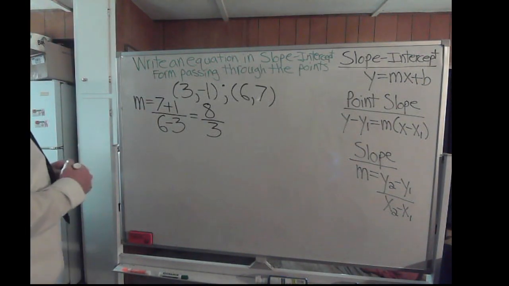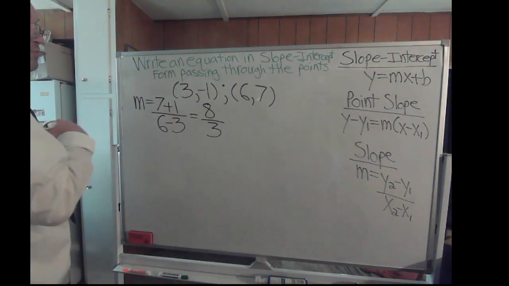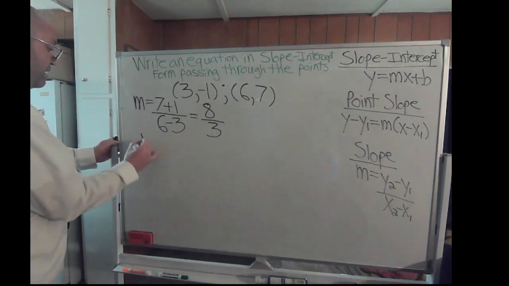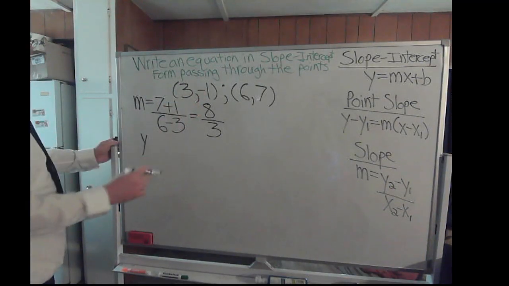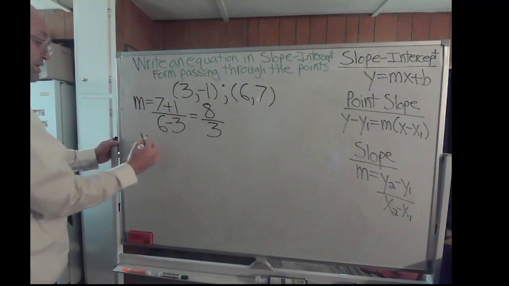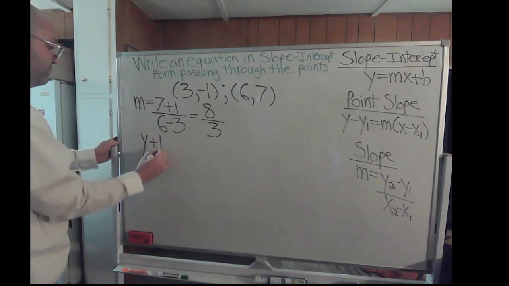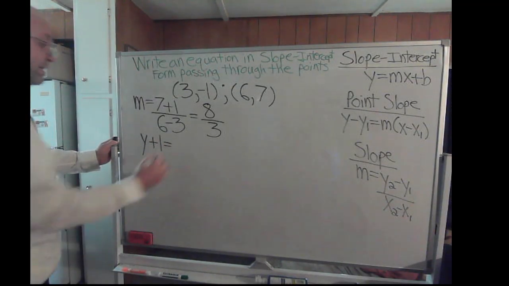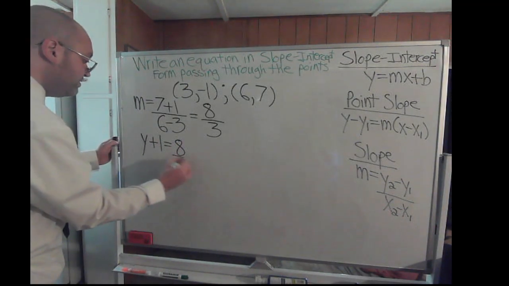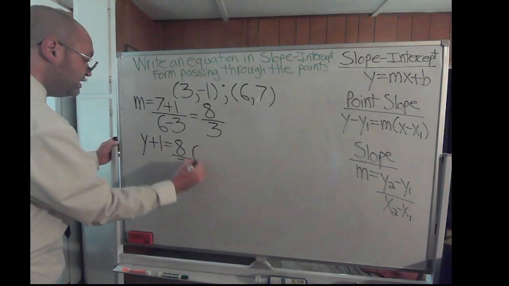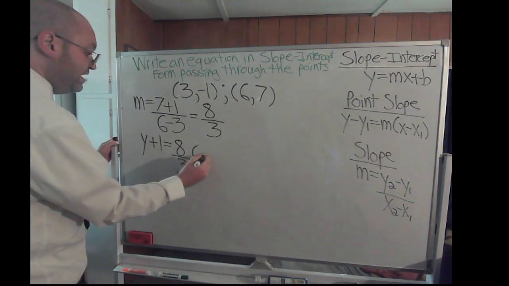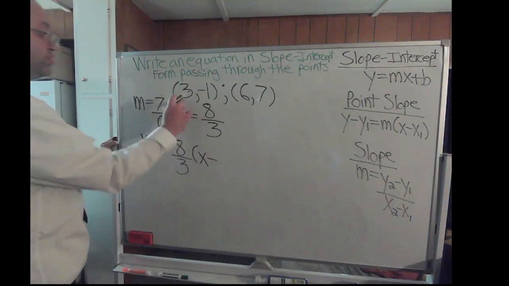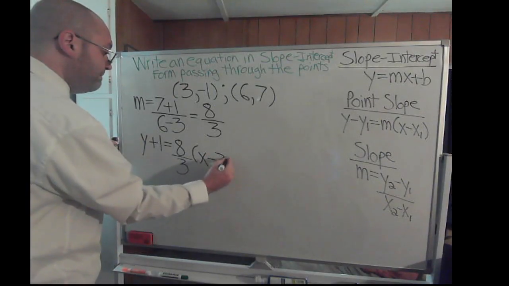Now, we can do the point slope form. I'm going to pick the point 3, -1 to use that. So we'll have y minus your y sub 1. Well, minus minus 1, that's actually plus 1. You'll have y plus 1 equals your slope of 8/3 times the quantity of x minus your x sub 1 of 3.